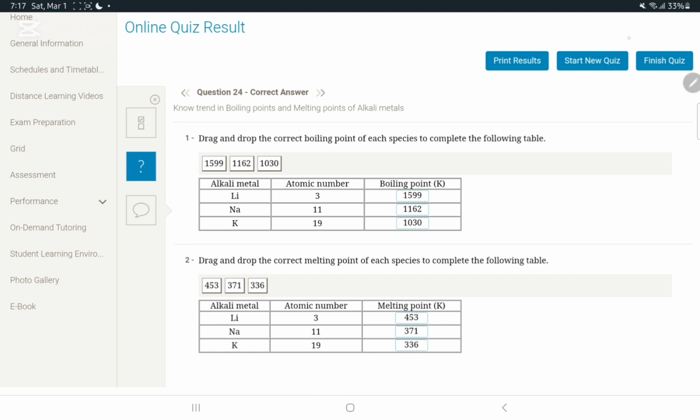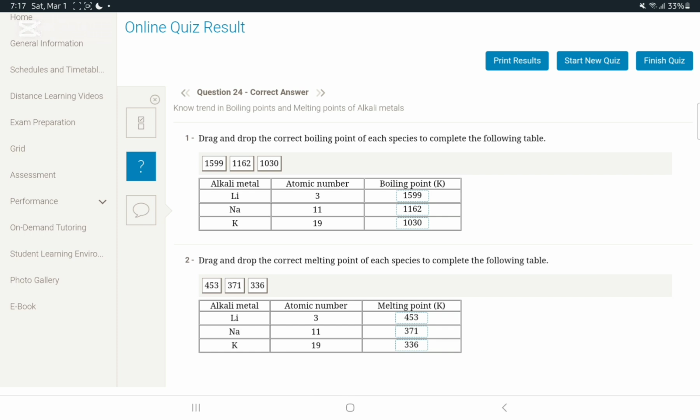Now you have alkali. Alkali is the opposite of noble gases. We said that for noble gases, as you go down the group, or increase the number of protons or the atomic number, the melting point and boiling point will increase. It's the inverse for the alkali.